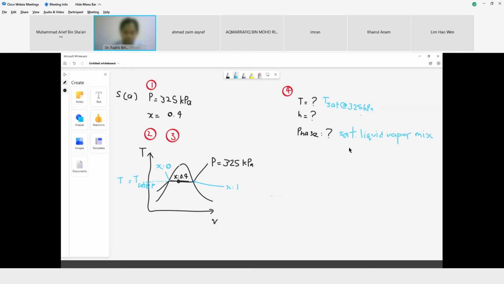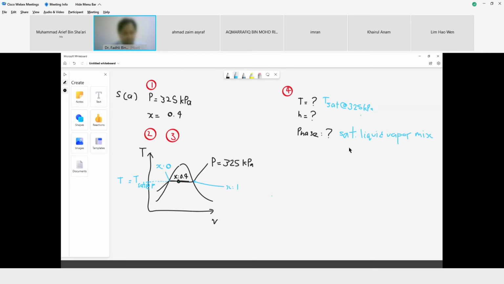Don't look at table A12. A12 is also a pressure table, but it is for refrigerant, not water. So please don't confuse table A5 and A12.